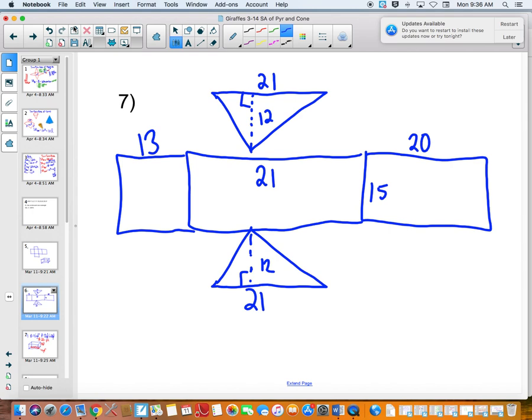Question 7 talked about how we had to first draw a net for the surface area of this triangular prism. I did that already, and now we need to find the area. So we have 5 faces, 2 of which are the same. Those are the bases. If we want to write it out with our formula, that would be 2B plus the perimeter times the height.